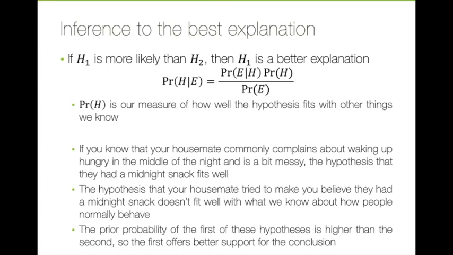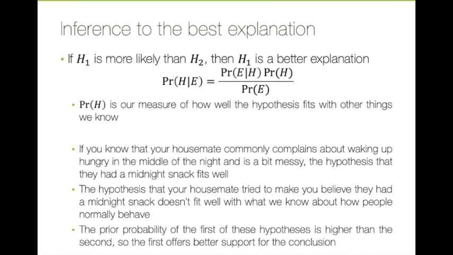If you know that your housemate commonly complains about waking up hungry in the middle of the night and is a bit messy, the hypothesis that they had a midnight snack fits well with what you already know about their behavior. So it's pretty likely that it's true.